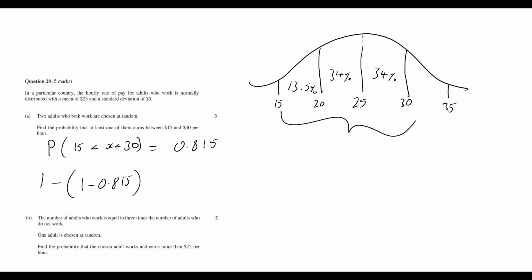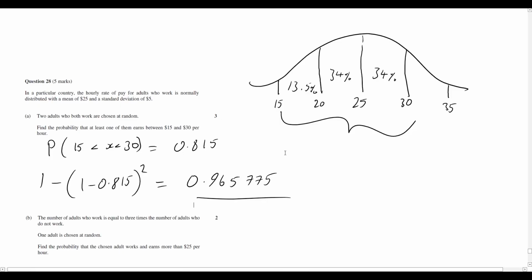This is the chance that one person does not earn in that range, and we're taking that off from 1. And now we have two different people here as well, so we need to square that probability. When we do that, we end up with an answer of 0.965775. And there we go. So that's our answer for part A there. Okay, now moving on to part B.